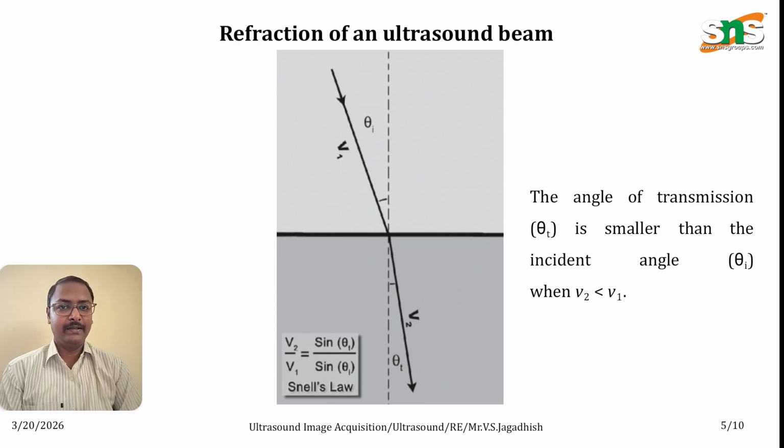The speed of sound varies according to the type of organ, that is bone, air, tissue or fluid. In the atmosphere, the medium of transmission is air. So V1 is the velocity of sound in air, and V2 is the velocity of sound in organs. According to that, we have the formula: V2 by V1 is equal to sine theta t by sine theta i, the angle of transmission by the angle of incidence.